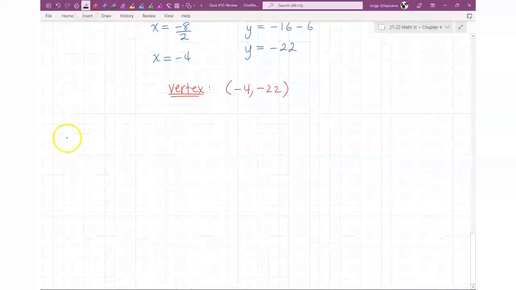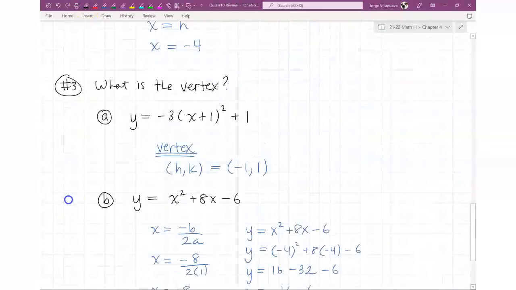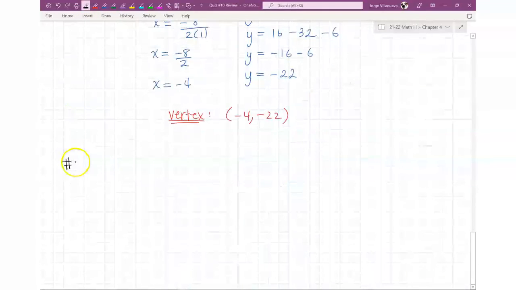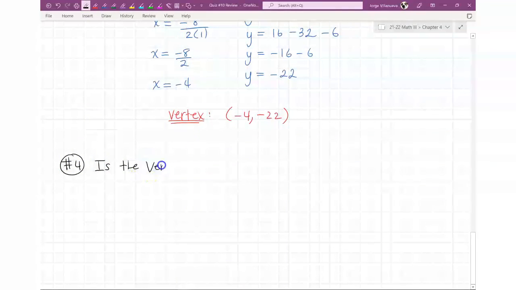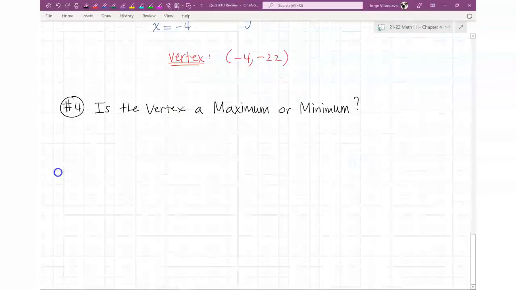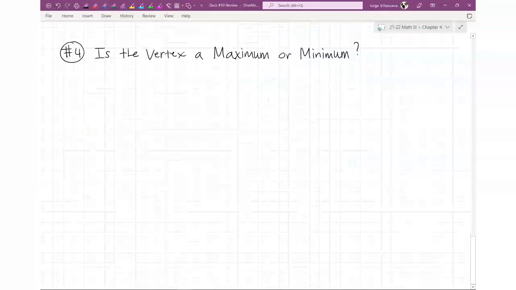This is number 4. Is the vertex a maximum or minimum?